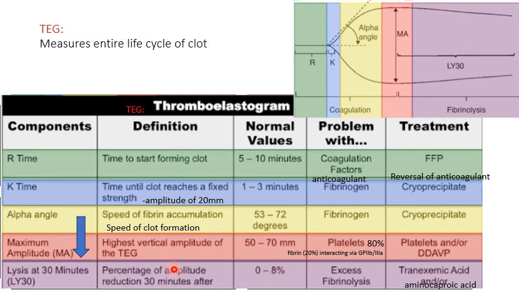You can see the percentage of amplitude reduction after 30 minutes is normally 0 to 8%. If this has increased, suppose this amplitude reduction has come down to here, instead of 0 to 8%, then there is a problem with fibrinolysis, there is excessive fibrinolysis going on, and we will have to give tranexamic acid or aminocaproic acid.